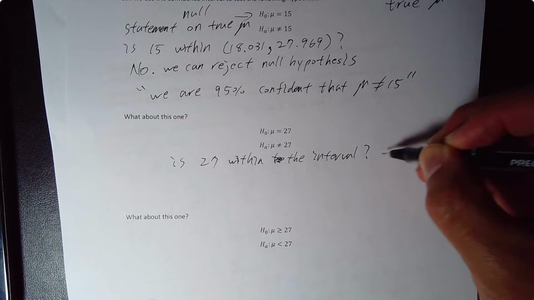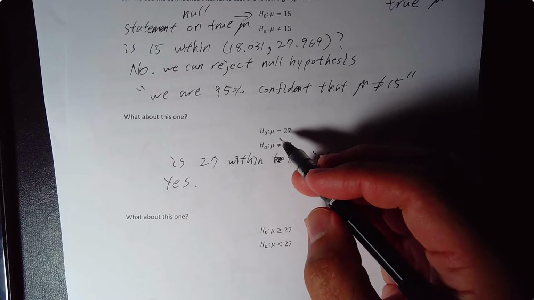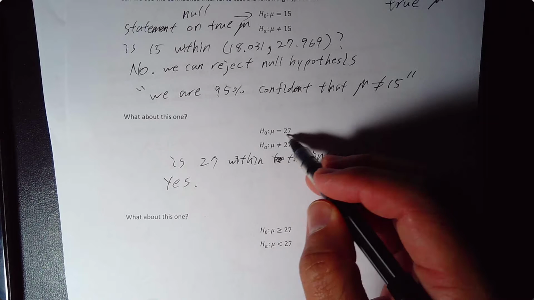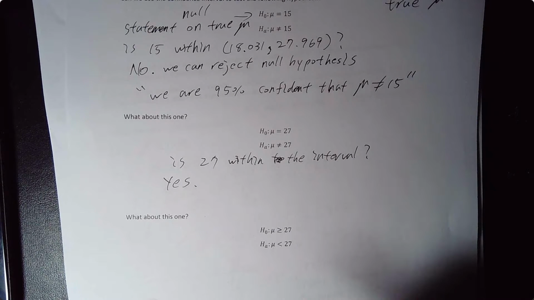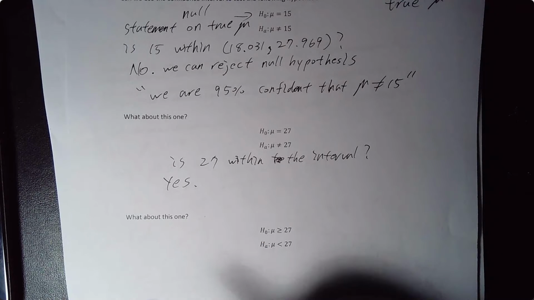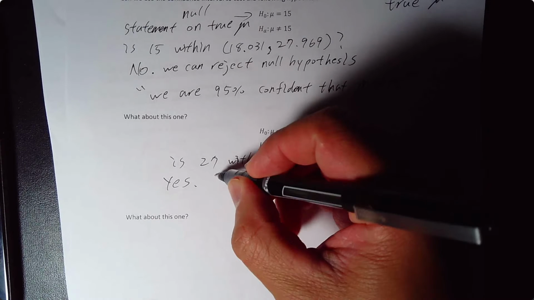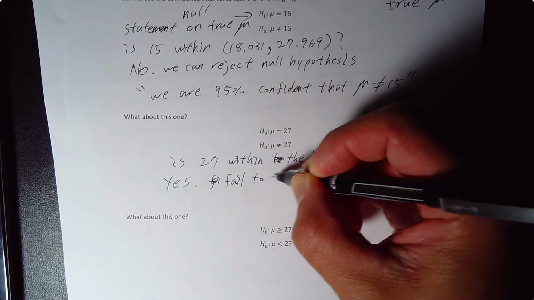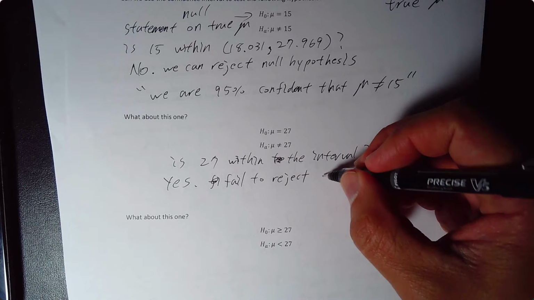Yes. Now, we still don't know if mu is actually 27. However, because 27 is within the interval, it is possible that mu is indeed 27. So if the answer is yes, then we fail to reject the null hypothesis.